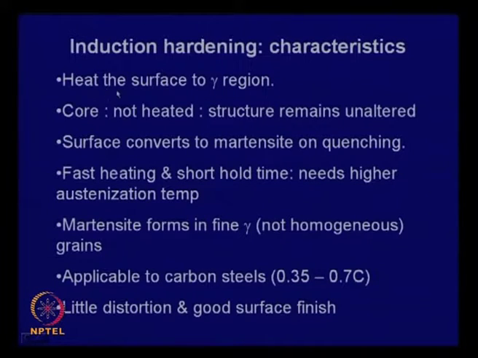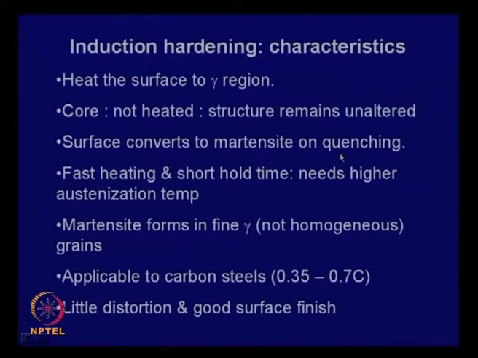Here you heat the surface by induction heating, putting the job within an induction coil, and it gets heated because of the eddy current of the high frequency AC current that flows through the coil, and it gets heated to the austenitic region. The core does not get heated because of the skin effect, and the structure remains unaltered.